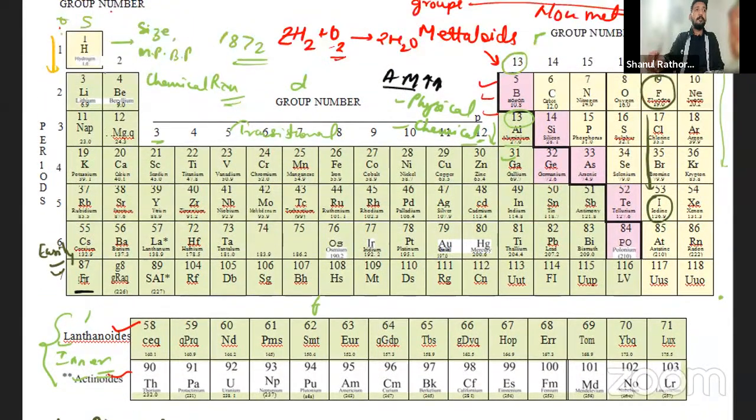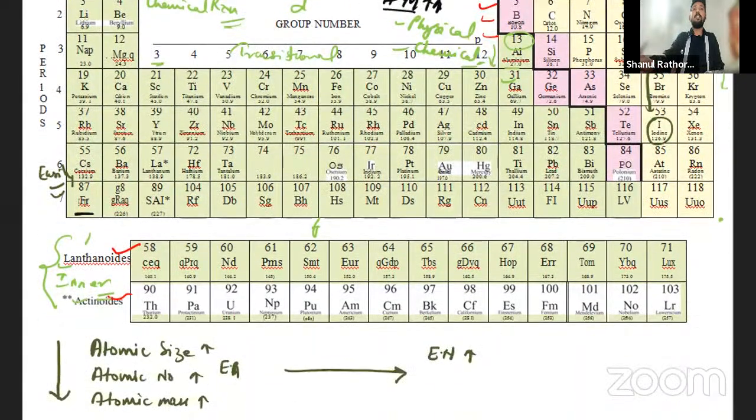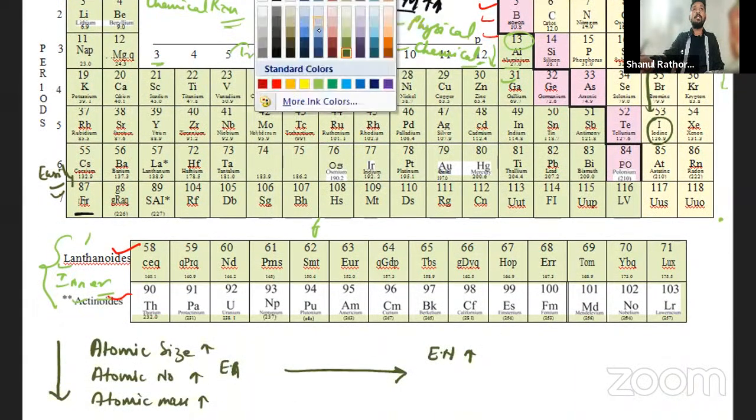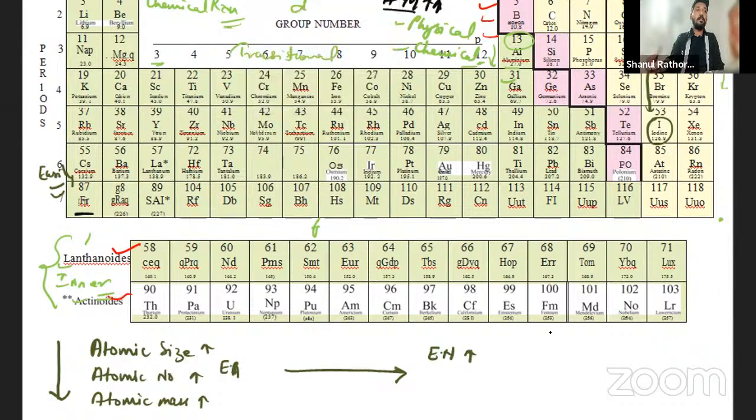And have you ever heard about the term Teflon, right? Teflon, the non-stick coating. Let me tell you an interesting fact about the non-stick coating of Teflon: Teflon is made up of carbon and fluorine.